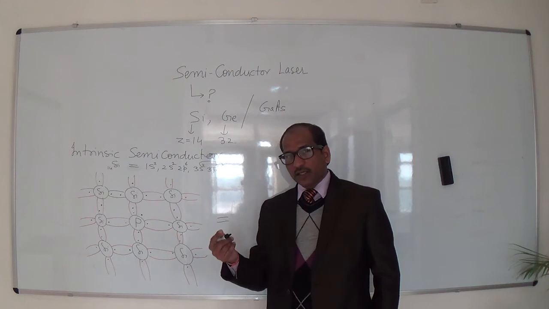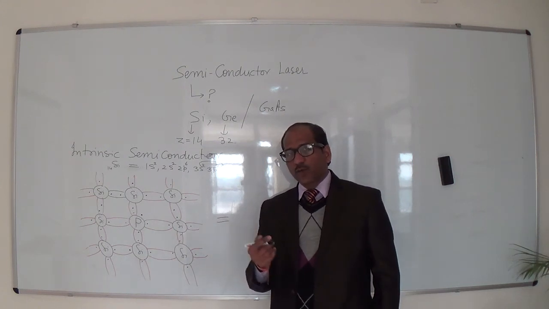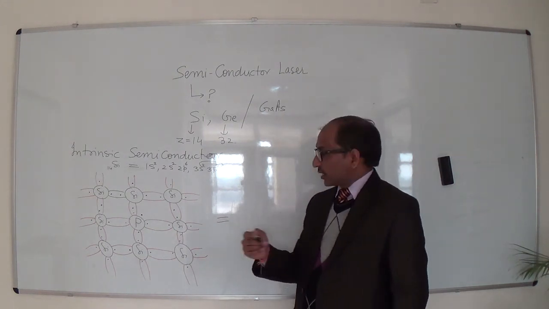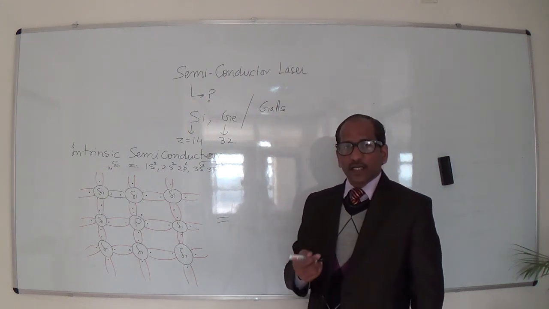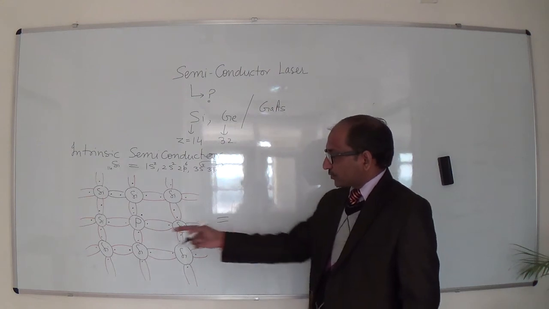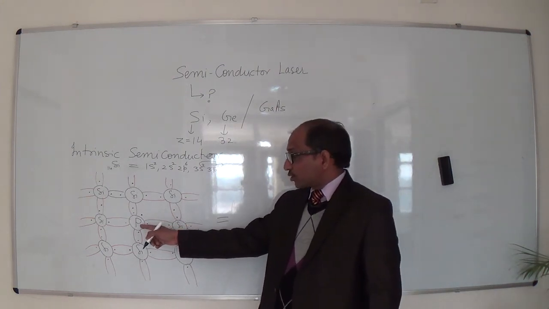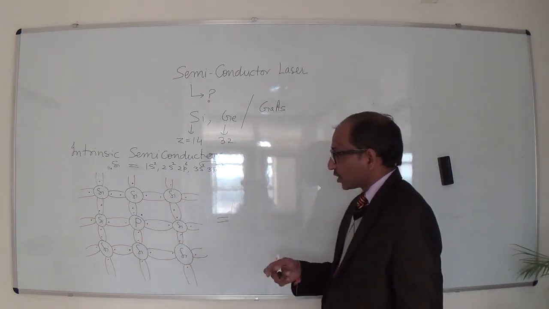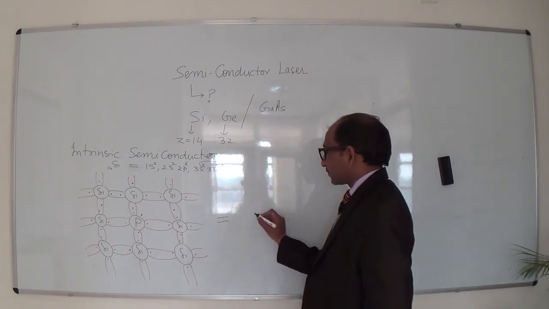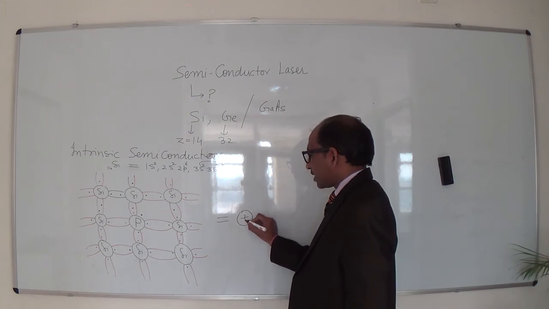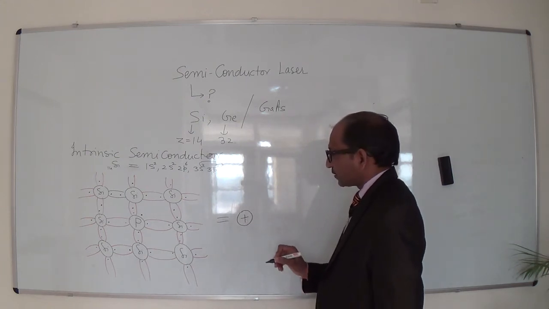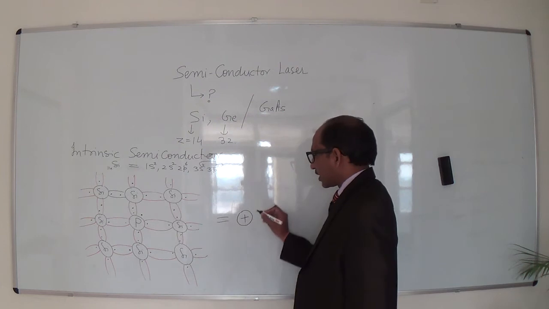It has one extra electron. If it donates one electron, will the impurity have positive charge or negative charge? The impurity will have positive charge because it's a donor impurity. So phosphorus is a donor impurity, and it will have positive charge. That is indicated by this positive ion, and it has one extra electron.